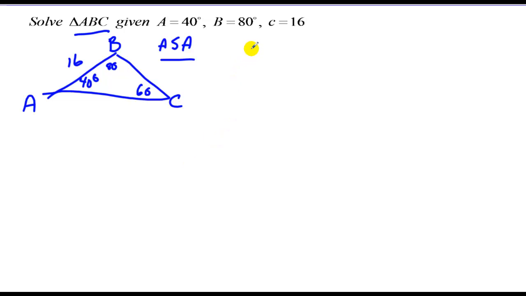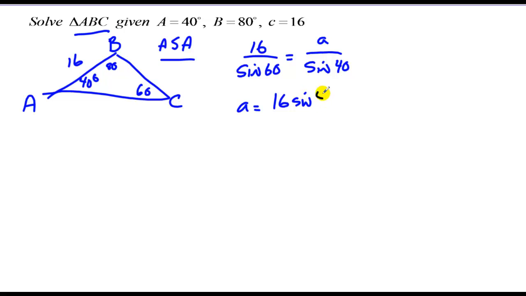So I'll take 16, put that over the sine of 60, and set that equal to, let's call it the side A over the sine of the angle A, which is 40 degrees. So this gets me A will equal 16 sine 40 over sine 60.